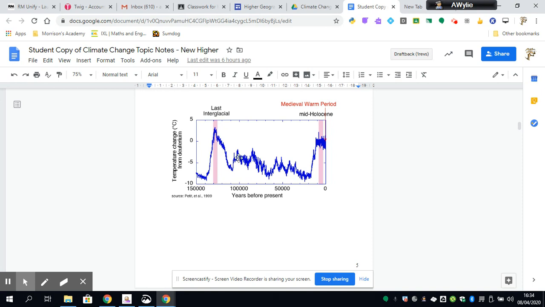What we can then see is this huge fluctuation from 100,000 years to 50,000 years ago. Around about 2,000 years ago, we can see a rapid rise, and then it's been getting incredibly intense in recent years. And this last little bit here, we can just see at the very edge is a sudden rising.